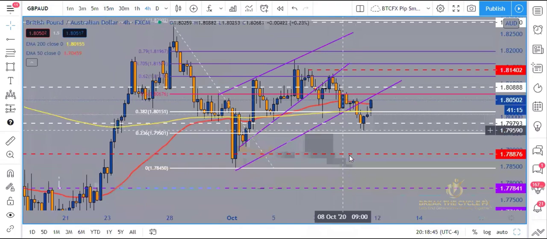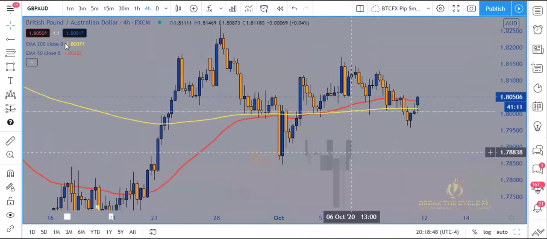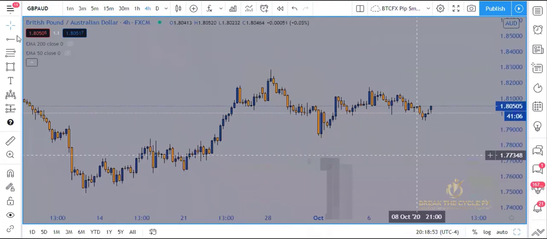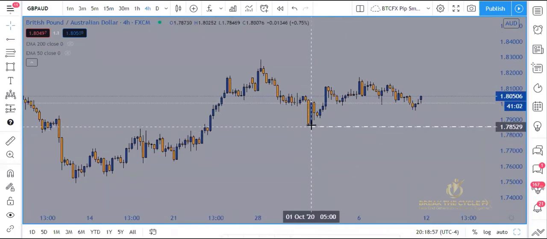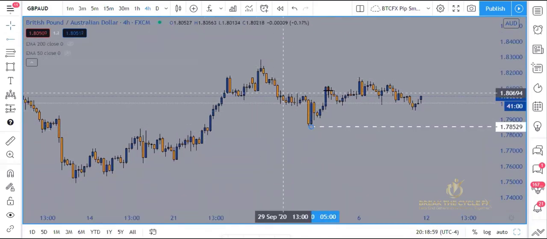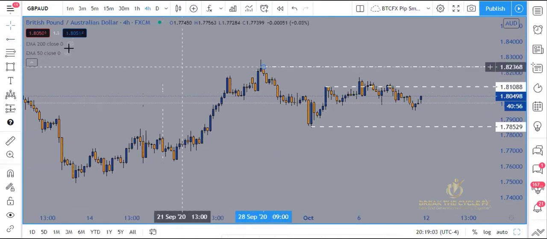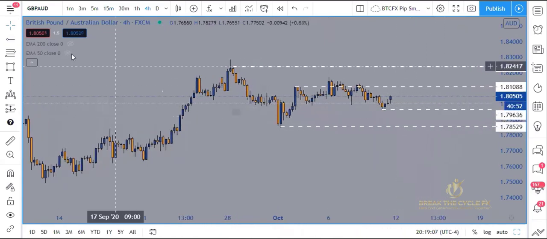All right, I just need to make this naked chart. Level here, level here, level here, level here.